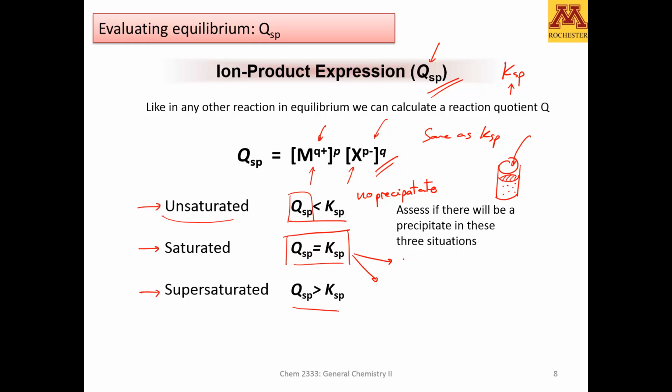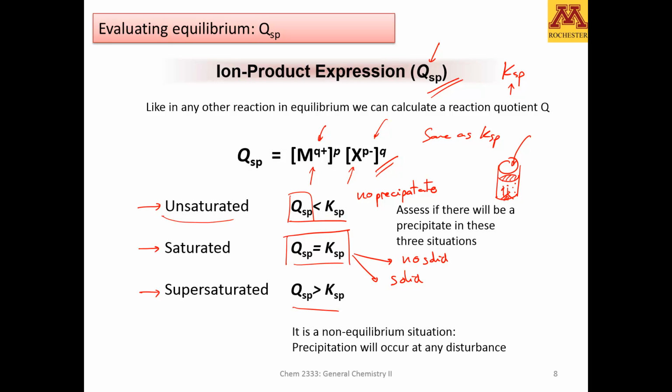So you may have no solid if you have very slowly added the amount of solid that you're right at that point where there's no solid yet, and yet the solution is saturated. You could have a solid if you have passed that point, but then all the solid that you're adding accumulates. We say that the solution is saturated because it's in equilibrium with the solid, in equilibrium with the liquid.